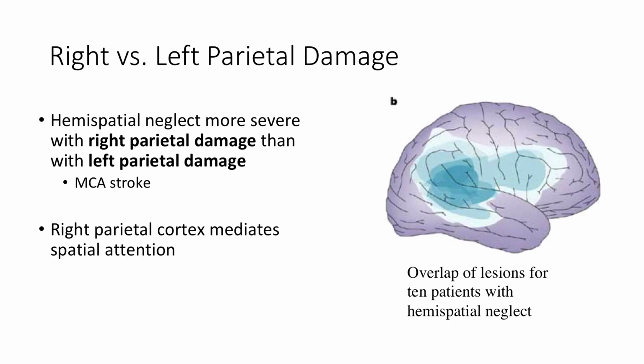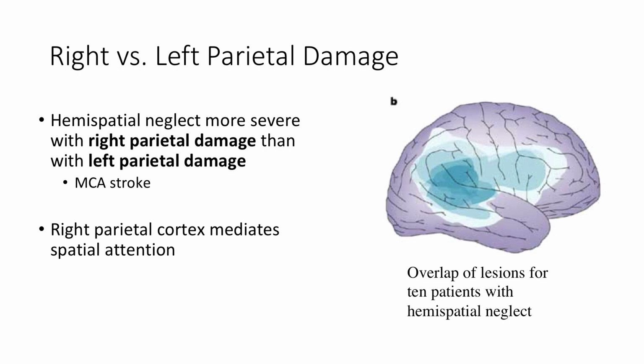Hemispatial neglect is defined by the inability to process or perceive stimuli on one side of the body or environment. And this inability is not due to a lack of sensation. The participants can see it, they're just not aware of it.